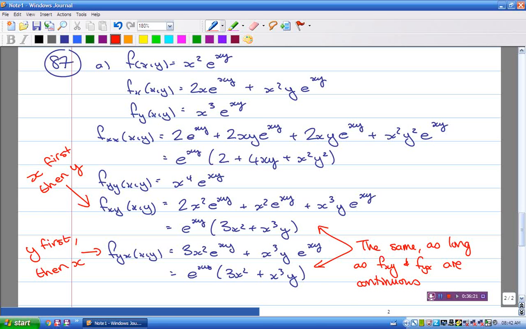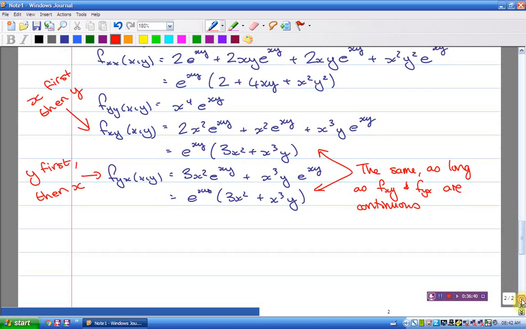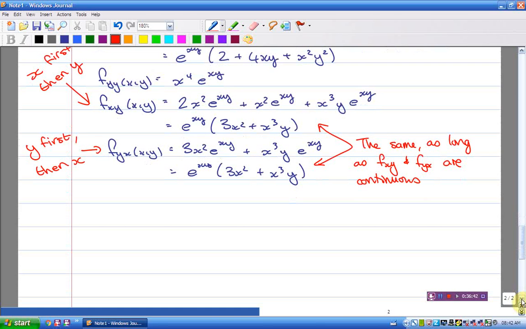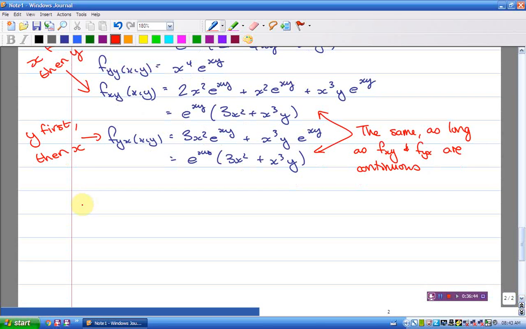Okay. I've got 3 minutes left according to my notes. The first derivative gives you a slope.